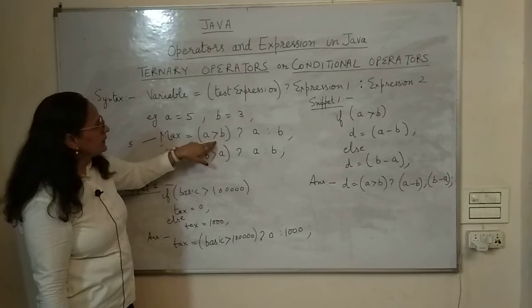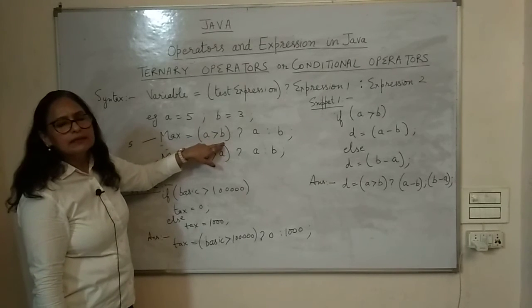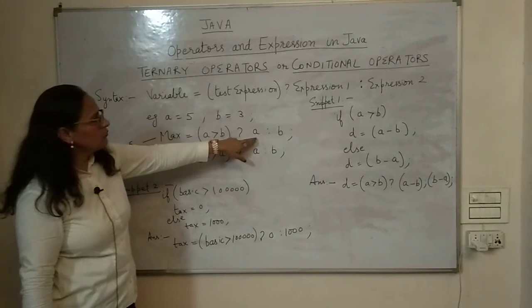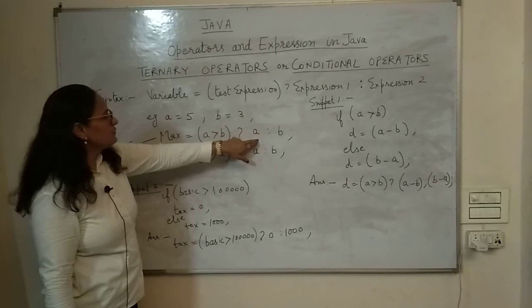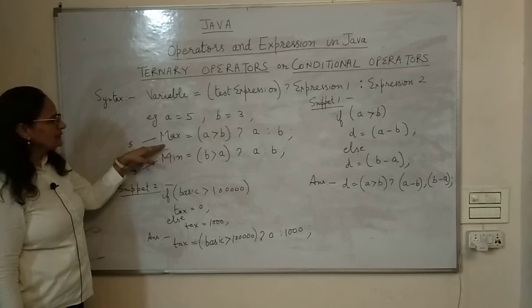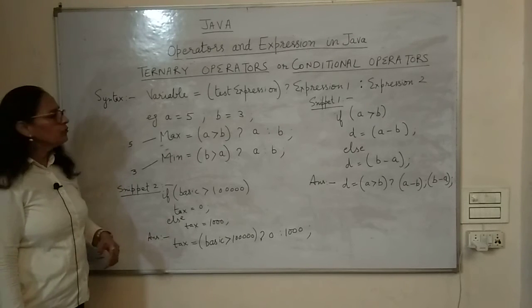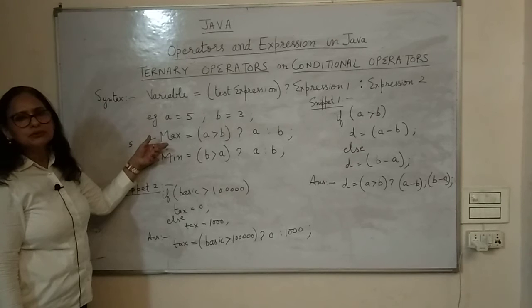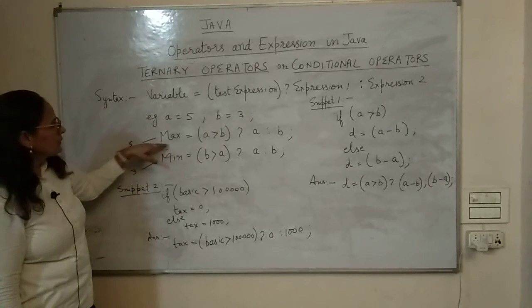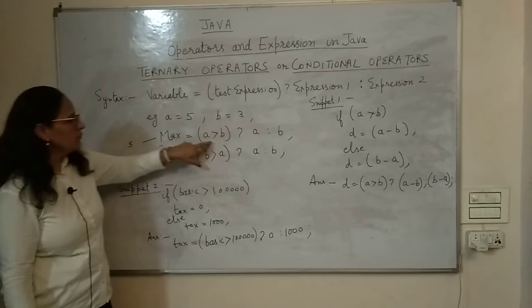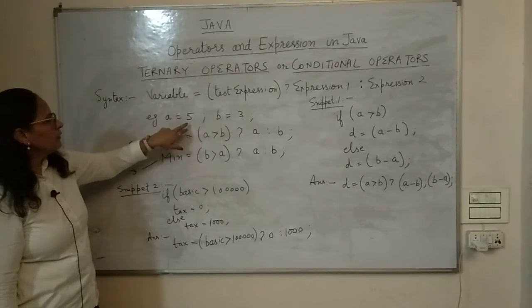So A is greater than B is going to return true. Now A's value is going to go in the max variable. Here max is the name we have given to the variable, as we have done in identifiers, these are user defined variables. The value A will be stored in max because A is greater than B.